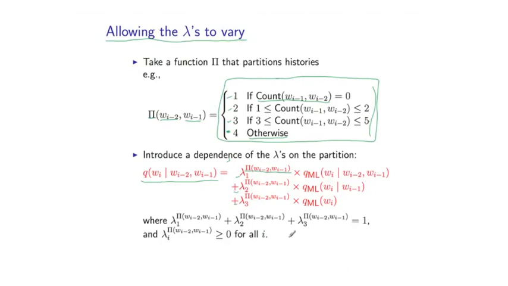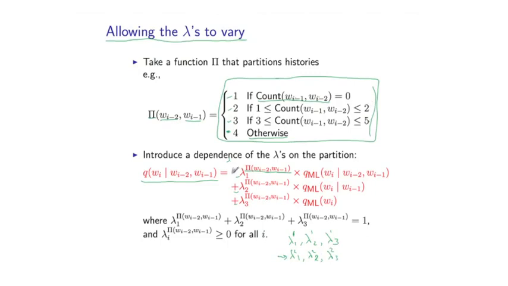So I now have parameters lambda 1,1, lambda 1,2, lambda 1,3. And these three parameters are used if the count of the bigram is equal to 0, where I have parameters lambda 2,1, lambda 2,2, lambda 2,3. I use these three parameters if the count is between 1 and 2, and so on and so on.